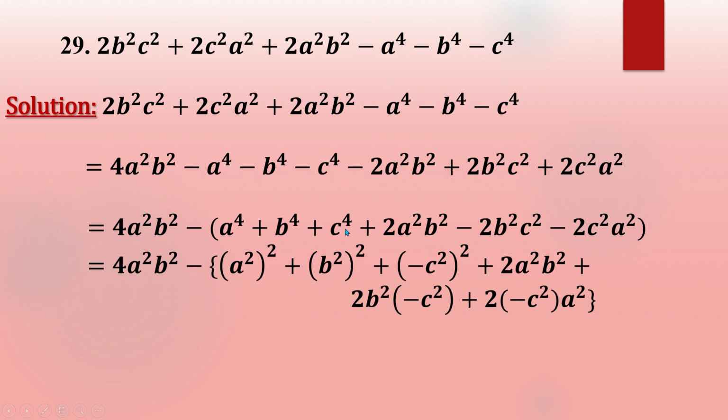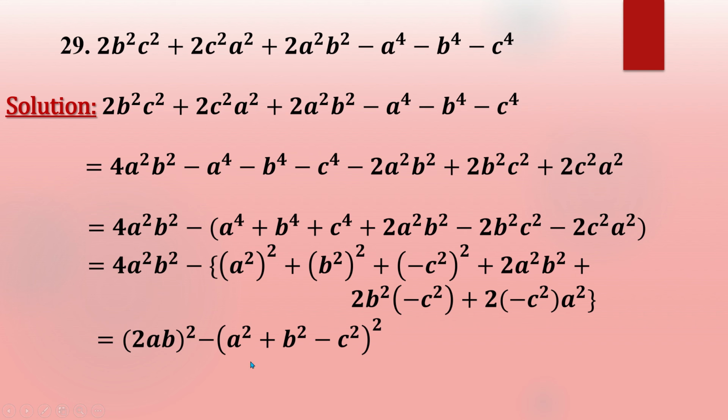So this equal to, we can write this, and plus 2ab, a mean a square into b square, plus 2 into bc, b mean b square, c mean minus c square, plus 2 into ca, c mean minus c square, a mean a square. Now this equal to, we can write here 2ab whole square, and this equal to, we can write a square plus b square minus c square whole square.